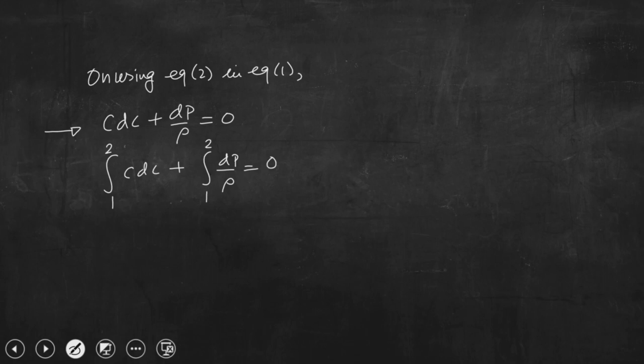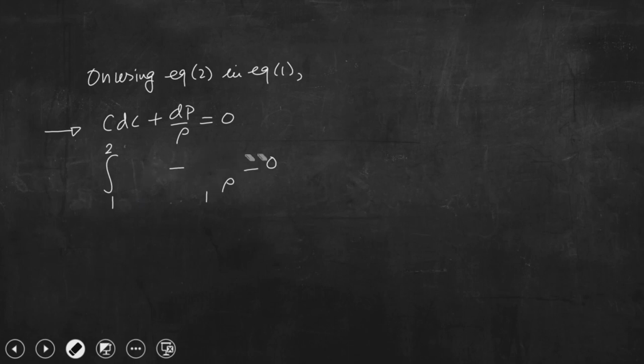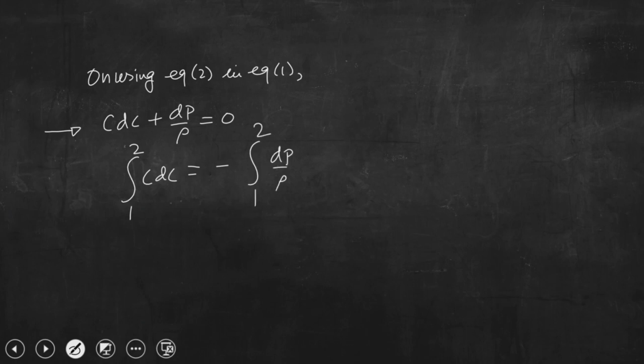Or we can simply take this in the form integral CdC from 1 to 2 equal to minus integral dP by rho from 1 to 2. Here this is P, this is rho. So, what we need to do is relate pressure and density.